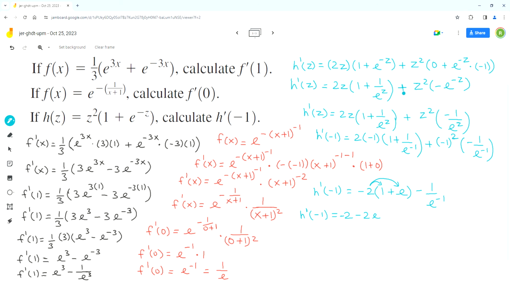And now in the fraction, we can move the e term to the numerator to make it a positive exponent, so minus e to the power 1 or just e. And now we can combine the e terms.